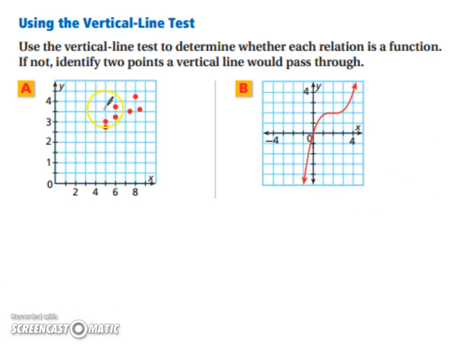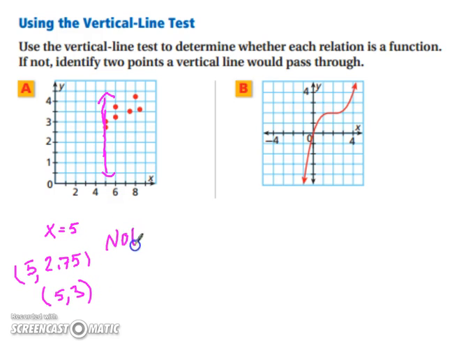Well, in A, if we decided to make a line at x equals 5, we would cross through the points of, let's see, 5, 2.75, and we would have 5, 3. So our domain is paired with more than one range, which makes this not a function.